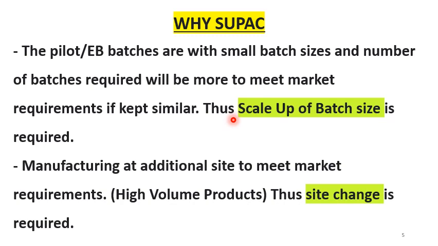That time the scale up is done, and that's why the name is scale up and post approval changes. So other changes are also there, which will involve manufacturing at an additional site to meet the market requirements, that is for the high volume products, and thus the site changes are required.